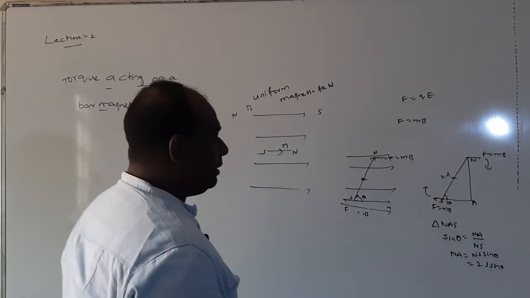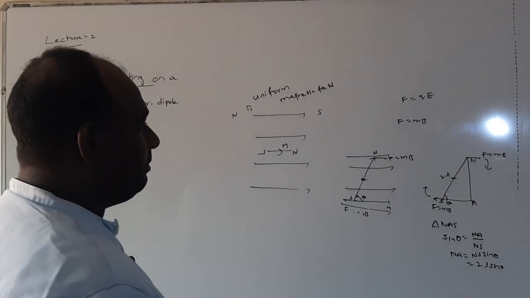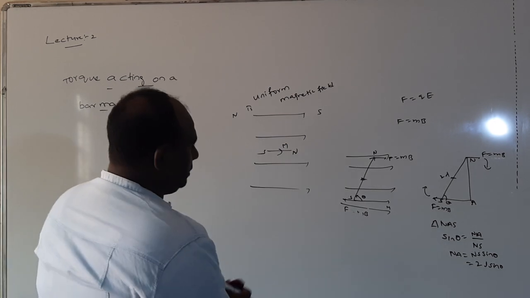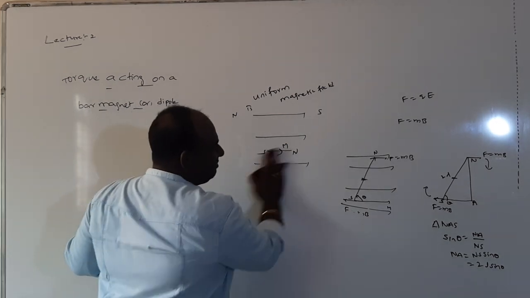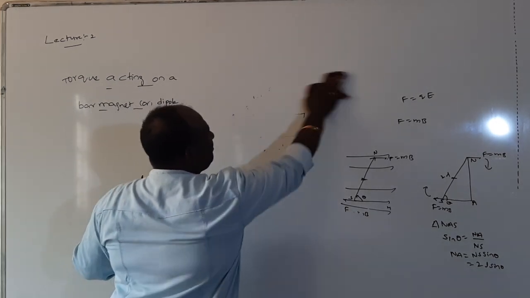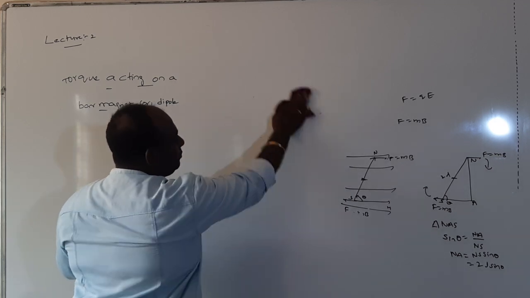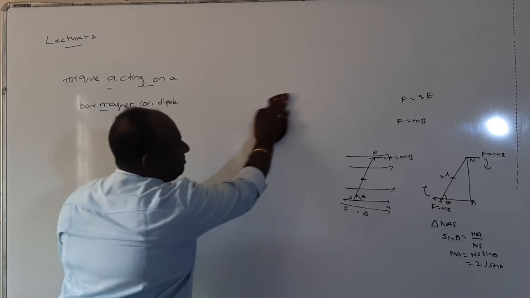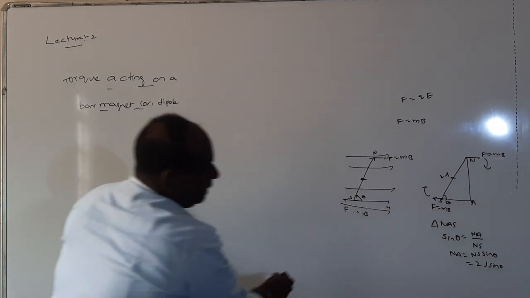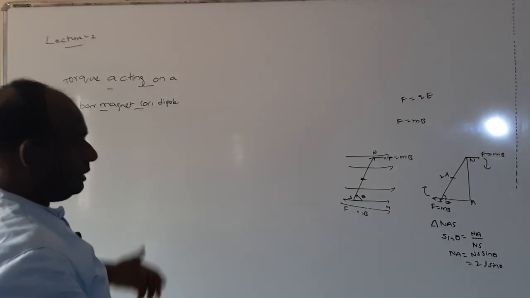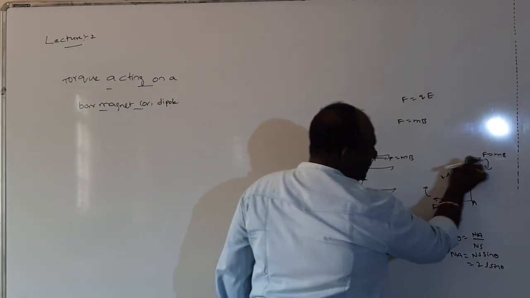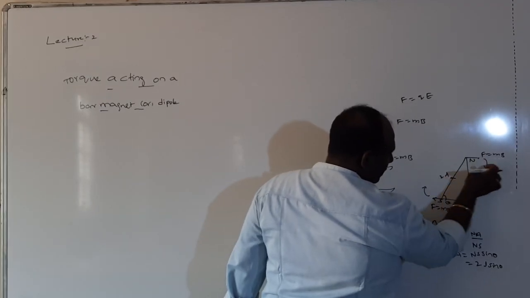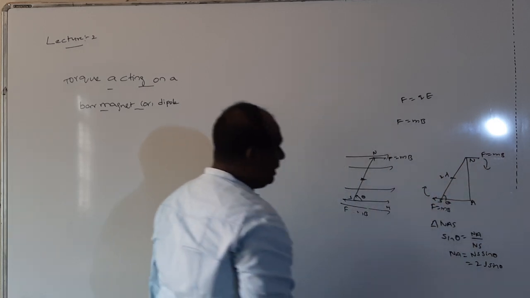Now, what is meant by torque? The torque acting on a bar magnet can be written by the formula: torque tau is equal to force into perpendicular distance. This is the force in this direction, perpendicular distance in this direction.